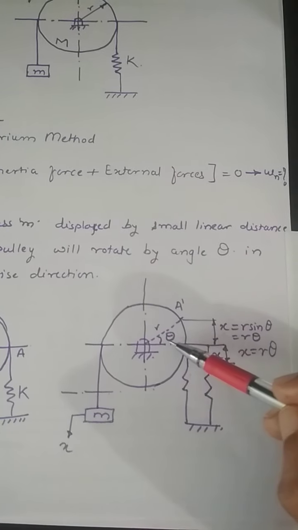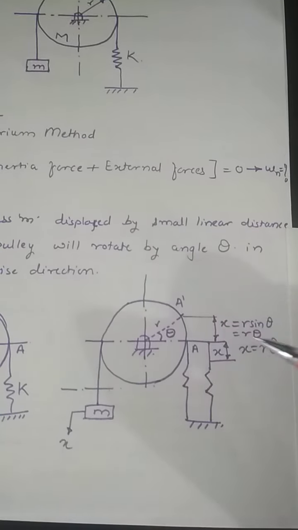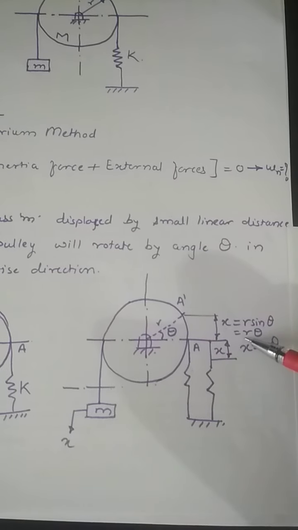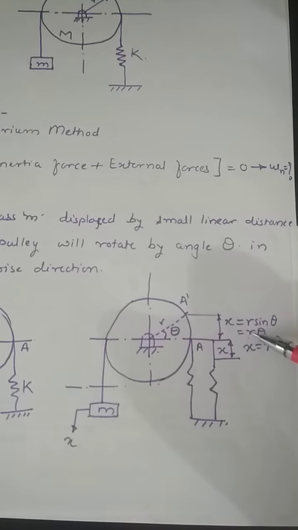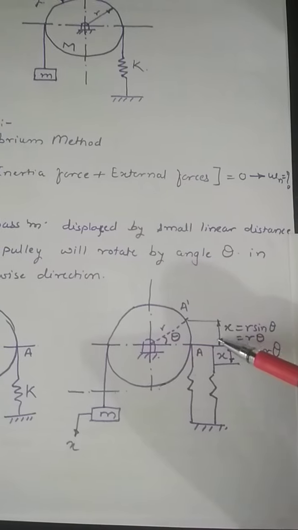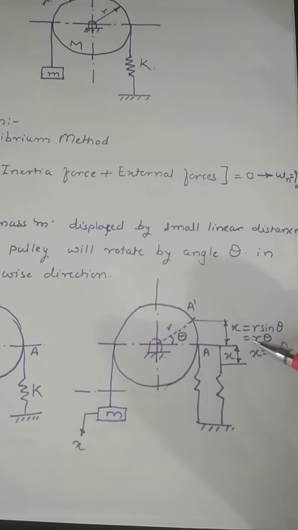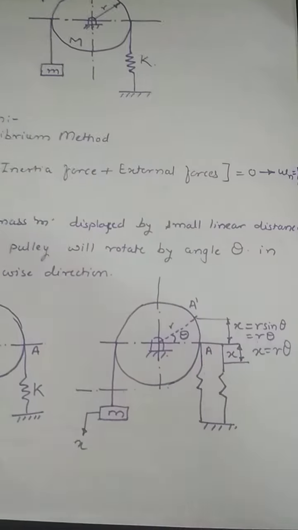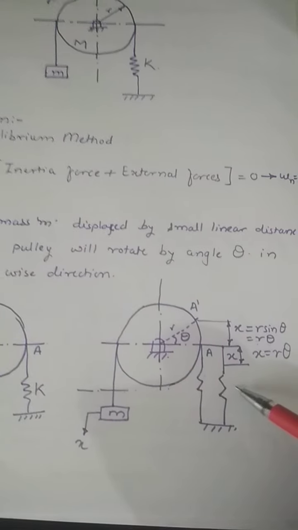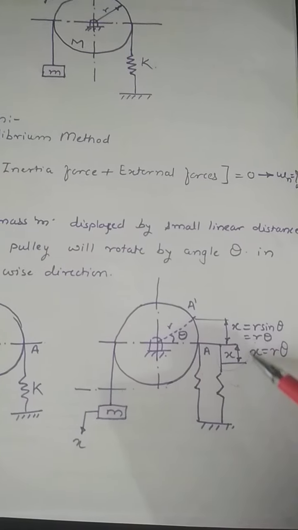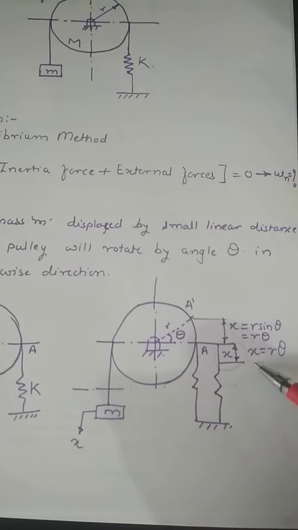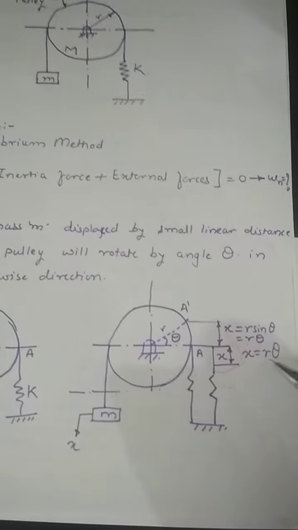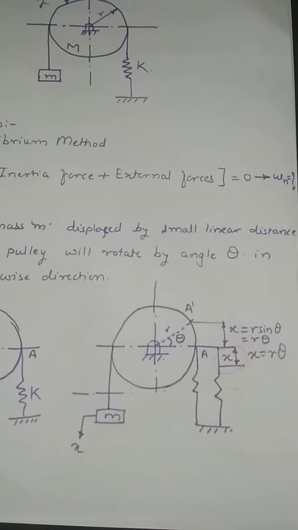But as this angle theta is very small, we can write r into theta. So x is equal to r into theta. Please keep in mind, x is equal to r theta, and the spring gets extended by distance x, so again x is r theta. I hope everybody understands this. Please comment in the comment box.